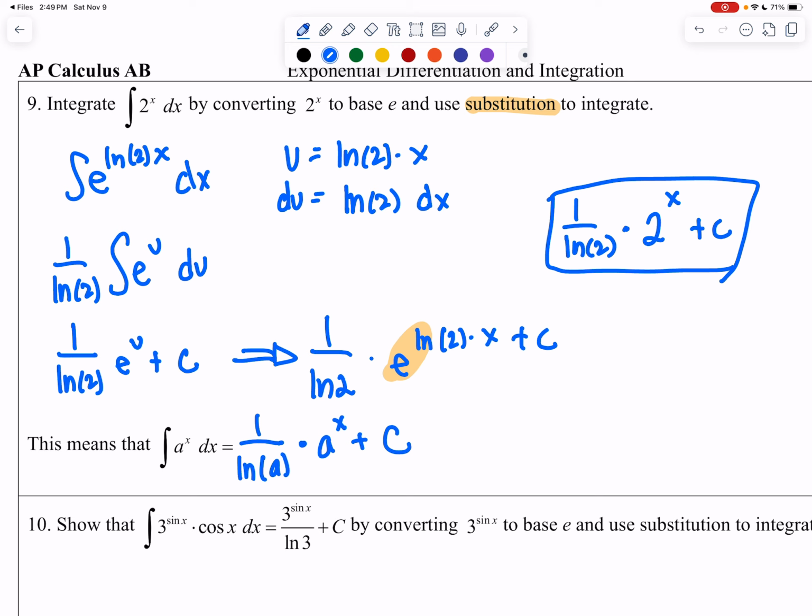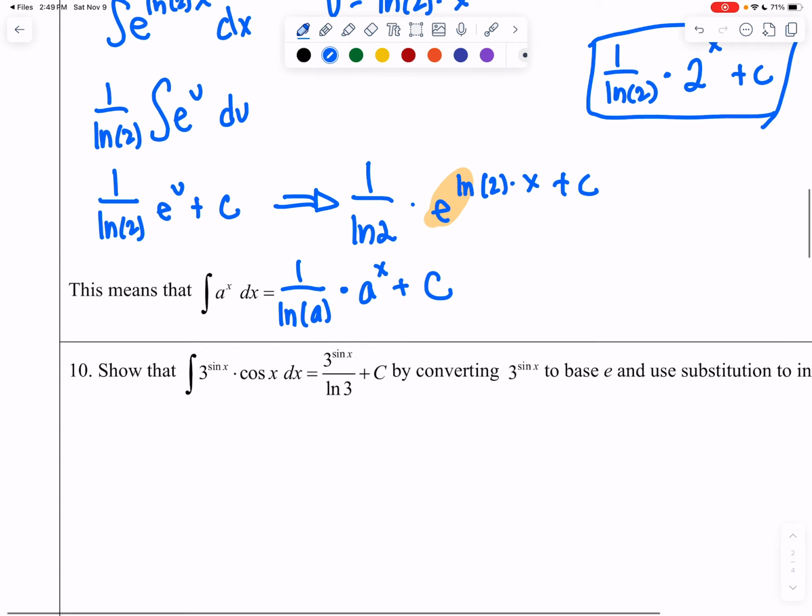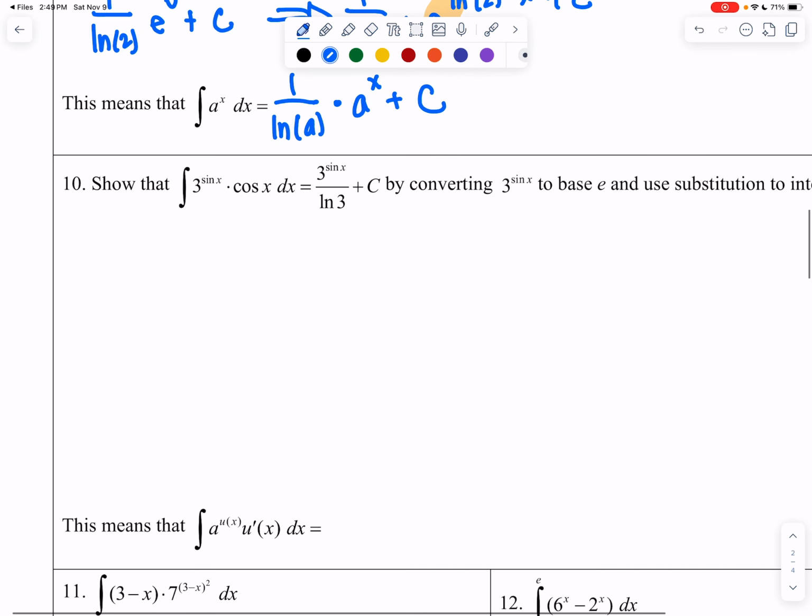Now, using chain, you're going to see that if I have number 10, it's going to be very, very similar. Now, in order for us to have chain, obviously, we're going to have to find some sort of derivative in my function. So for number 10, we are going to convert 3 to the x to base e, just like what we did with number 9 here.